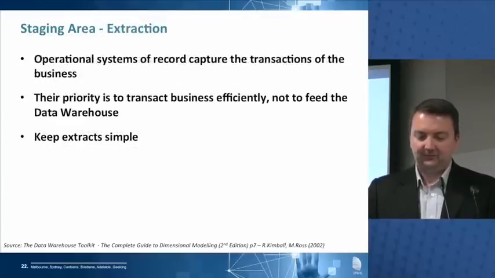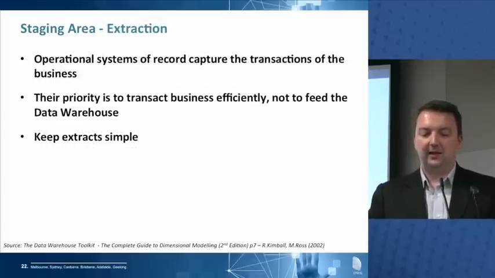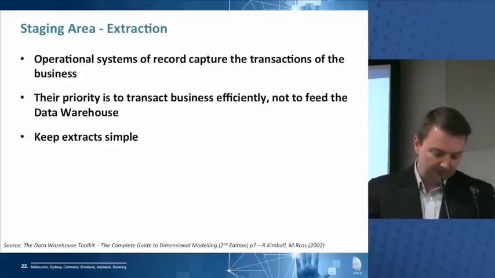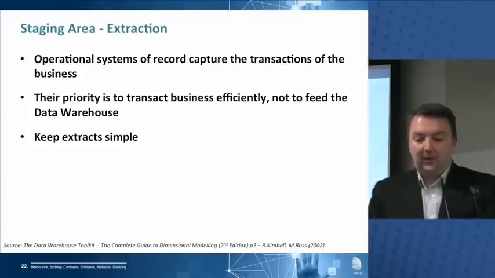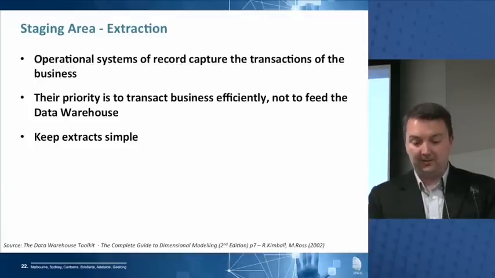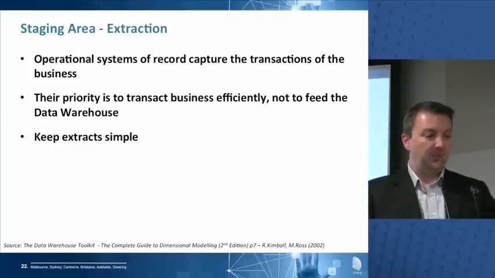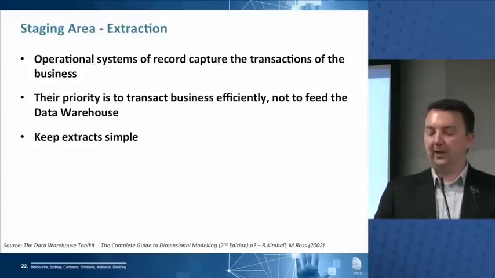All right. So I said ETL, extraction, transformation and loading before. I'll just check how we're going for time. The extraction process, not much I can say about that, so let's not spend too much on the slide. We've got an operational source system. It has data that we want.